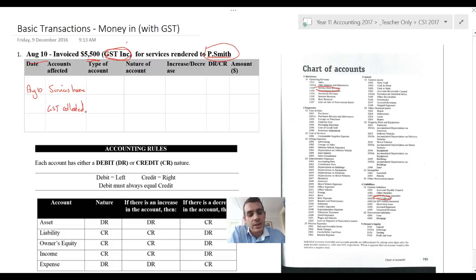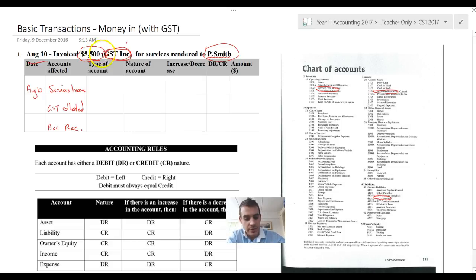The final account affected is not cash at bank because we haven't actually received this money. So we're going to call that accounts receivable, which is an asset account. Sometime in the future we're going to receive that money, but we haven't received it yet.